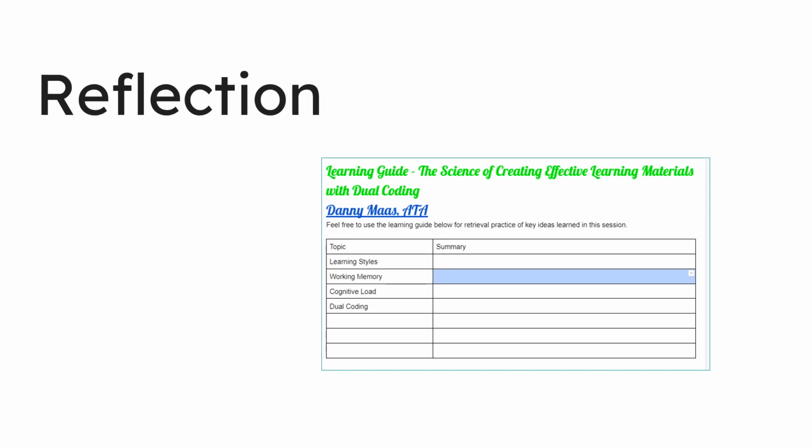We've talked about learning styles, working memory, cognitive load, and dual coding thus far. There is a link in the Wakelet to a Google Doc if you'd like. I challenge you to pause for just a few minutes and try to jot down from your memory what you recall are some key ideas about each of these concepts we've talked about thus far.